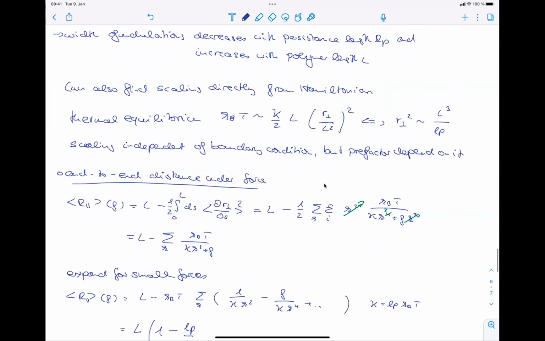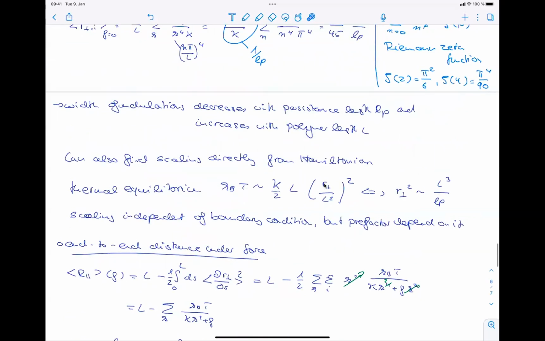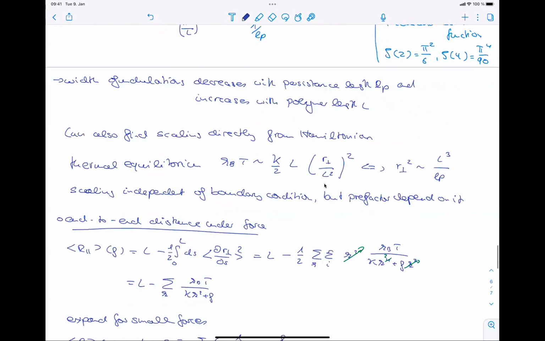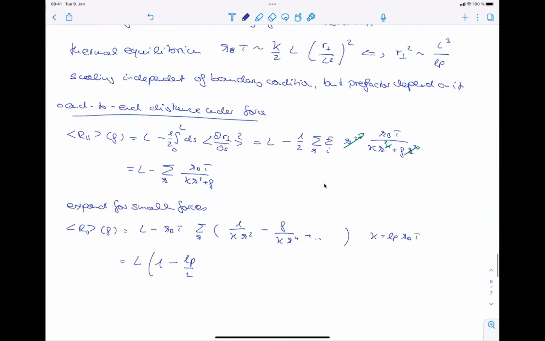The first sum, that's this zeta function up here. So we get a 1/6. And the second term is the 90 popping up, 1/90th. Here now L over LP squared. And the other non-dimensional factor is then FL, balancing the thermal energy, and higher terms in F.